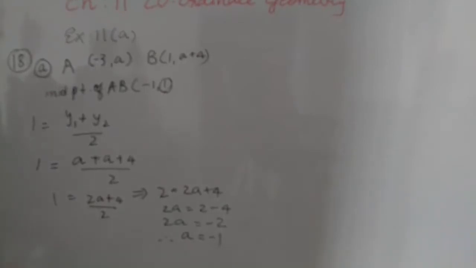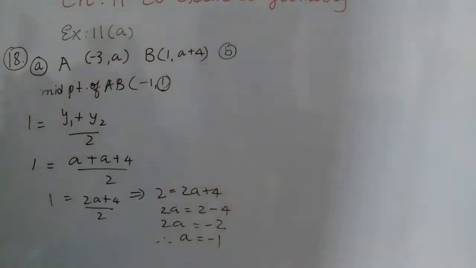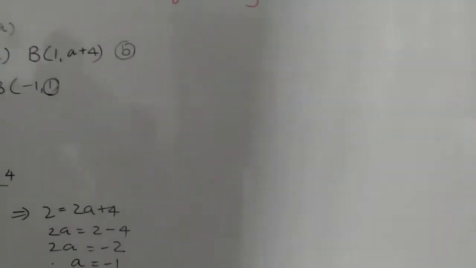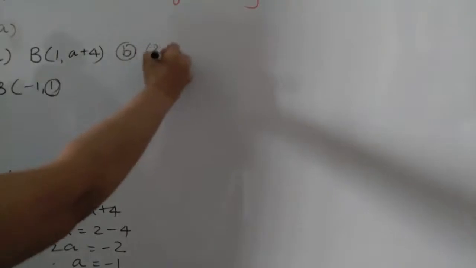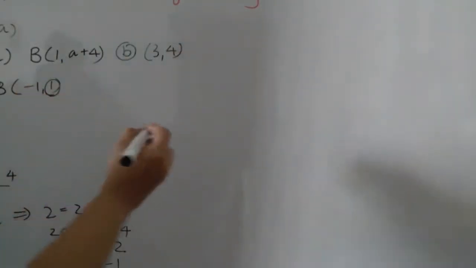Calculate the ratio in which the line segment joining (3, 4) and (-2, 1) is divided by the y-axis. So here I am writing the B part. The two coordinates we are given are (3, 4) and (-2, 1).